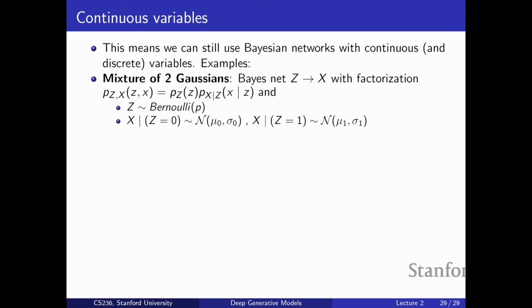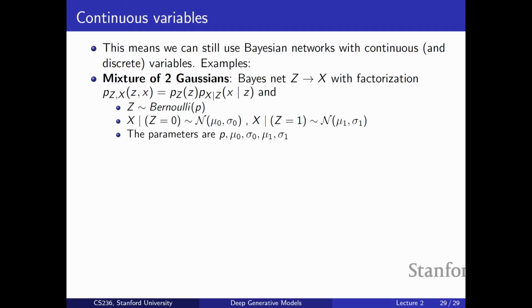And because z can take 2 different values, there are actually 2 Gaussians. There is 1 Gaussian when z is 0, and there is 1 Gaussian when z is 1. And these 2 Gaussians are allowed to have different means and different variances. So this would be a kind of graphical model that corresponds to a mixture of 2 Gaussians, and because you're mixing together 2 Gaussians, you have a slightly more flexible model.